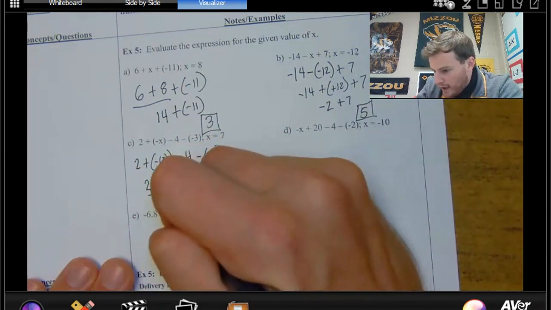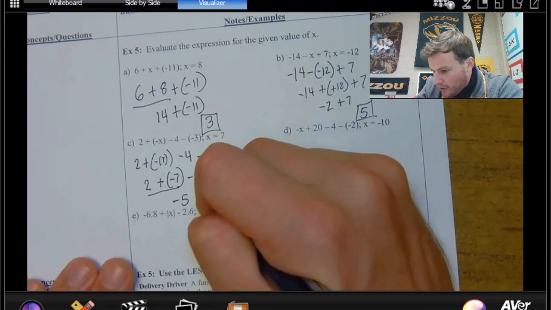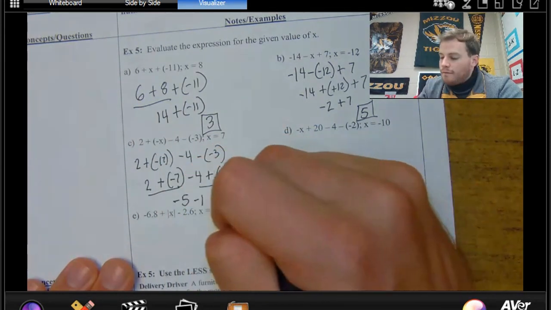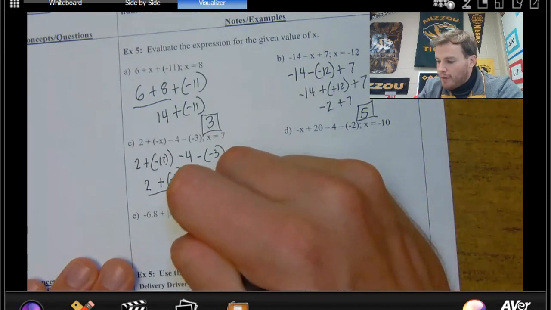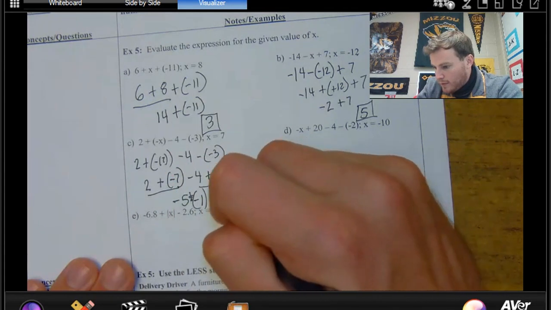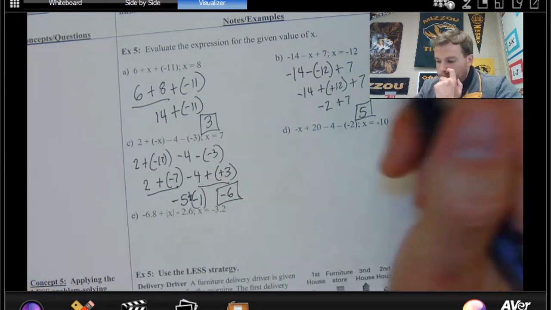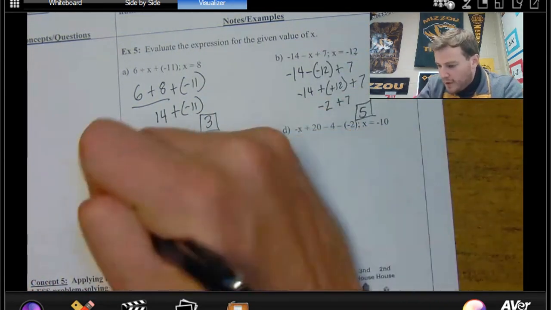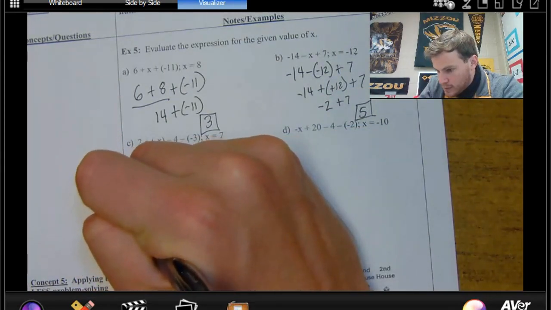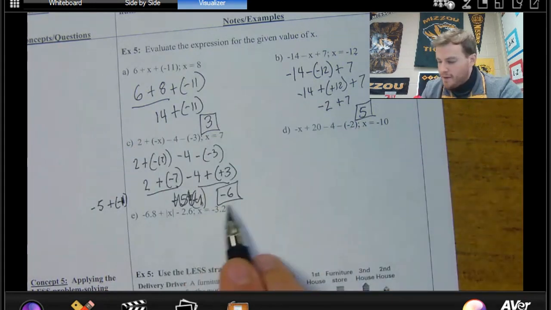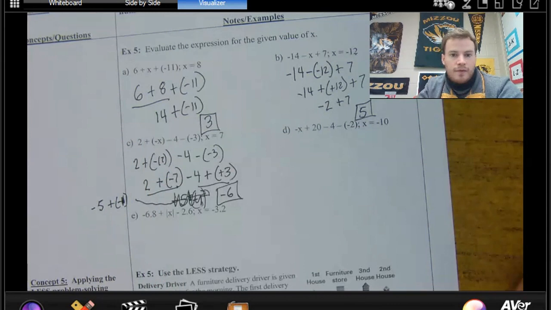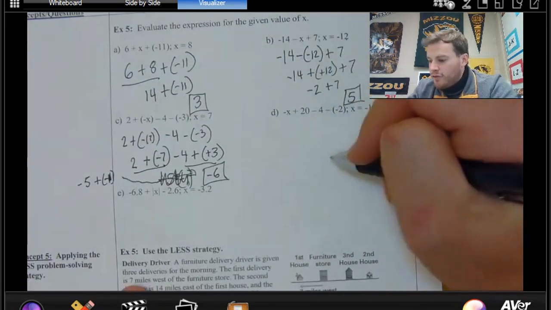Put these two together, you get negative 5. Put those two together, you get negative 1. Negative 5 plus a negative 1 equals negative 6.